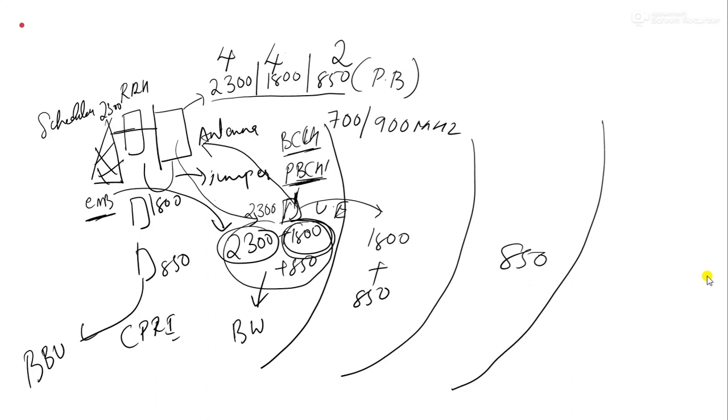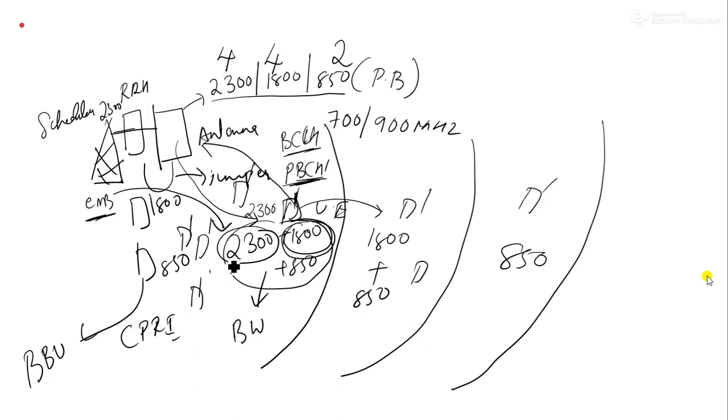So based on the coverage, the eNodeB will decide which band to allocate. Yes, for simplicity I'm just mentioning coverage. There might be one more factor. Let's say in 2300 in this particular area there might be a lot of mobiles, but there might not be any mobile here. There might be two mobiles here and only one mobile here.